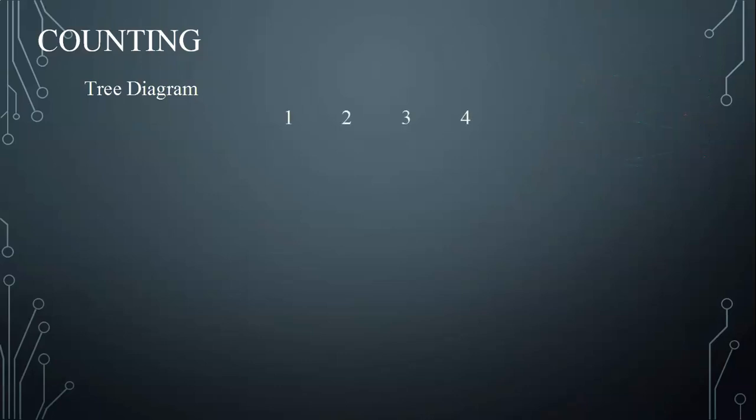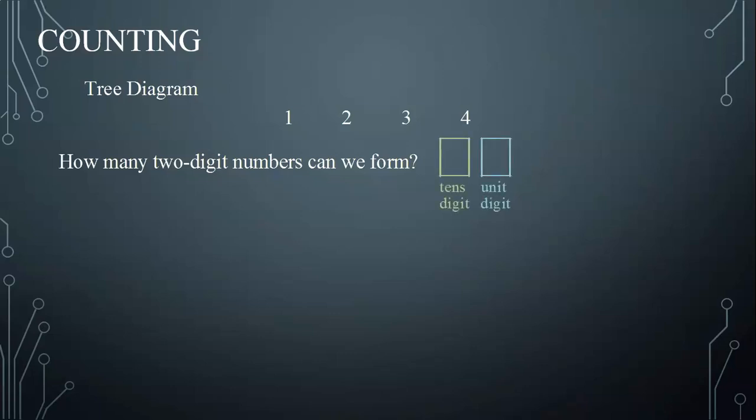Now suppose we have the digits 1, 2, 3, and 4. How many 2-digit numbers can I form using the given set of numbers? A 2-digit number is formed by a tens digit and a unit digit. For the tens digit, I can choose either one of the 4 given digits from 1 to 4.